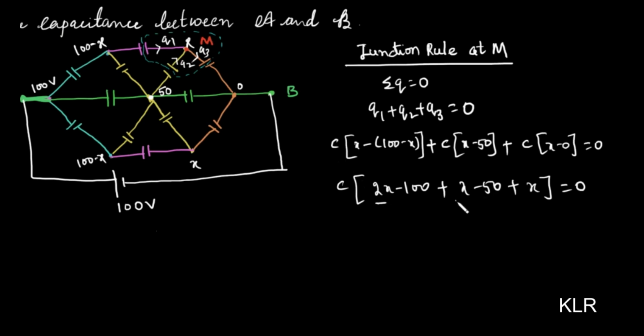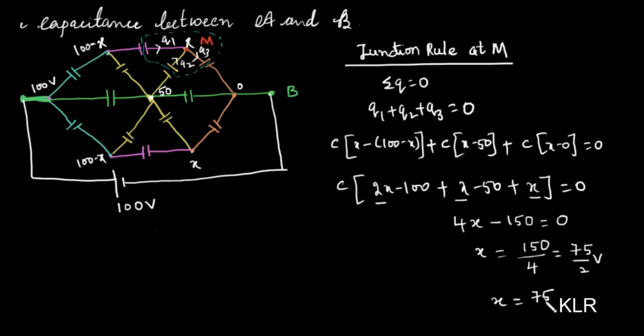So 2X plus X is 3X, 3X plus X is 4X. So 4X minus 150 is equal to 0. Then X is equal to 150 by 4, that is 75 by 2 volts.